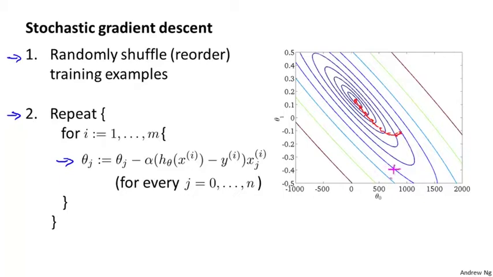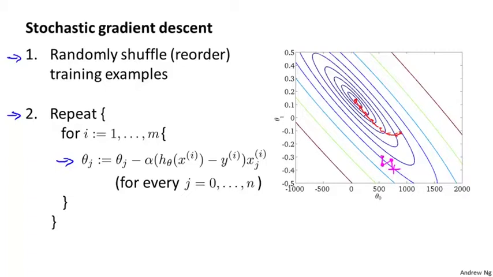So if we were to start stochastic gradient descent at a point like that, the first iteration may take the parameters in that direction. And maybe the second iteration, looking at just the second example, maybe just by chance we get a little unlucky and actually head in a bad direction and move the parameters like that. In the third iteration, where we try to modify the parameters to fit just the third training example better, maybe we'll end up heading in that direction.